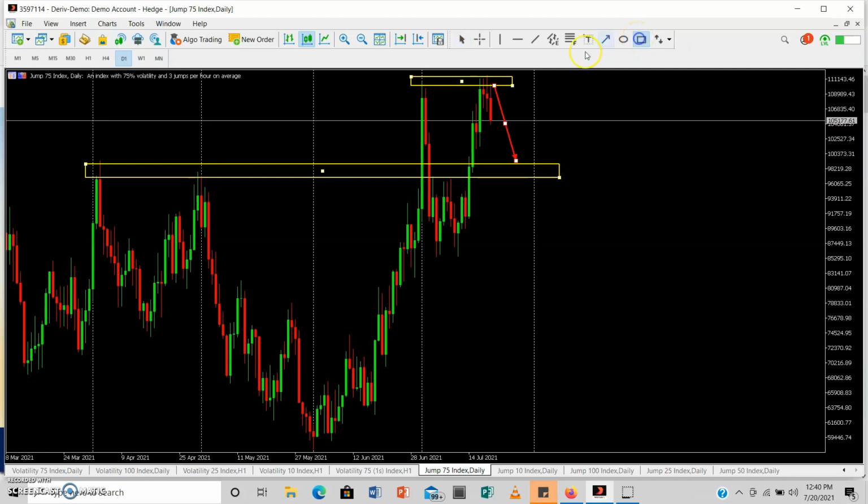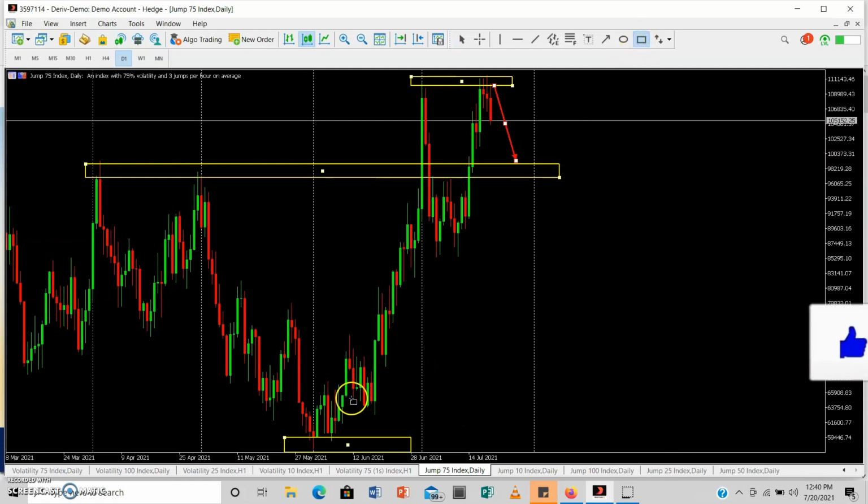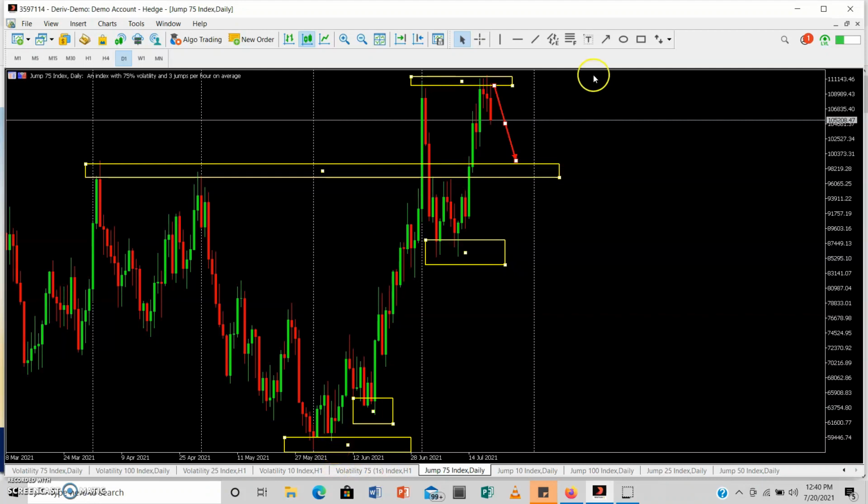I also want to highlight my lowest price point, which is this one, so that I know we have been setting higher lows, and so that I'll be able to count the number of impulses we have made.